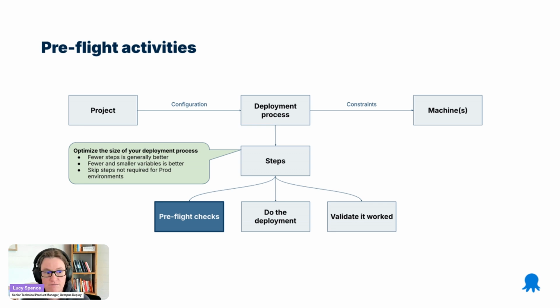In general, whether you're doing pre-flight checks or having a pause point in here or not, if you can optimize your deployment process, fewer steps is generally better. Fewer and smaller variables is generally better. And also, don't forget to skip steps that are not required for prod environments.